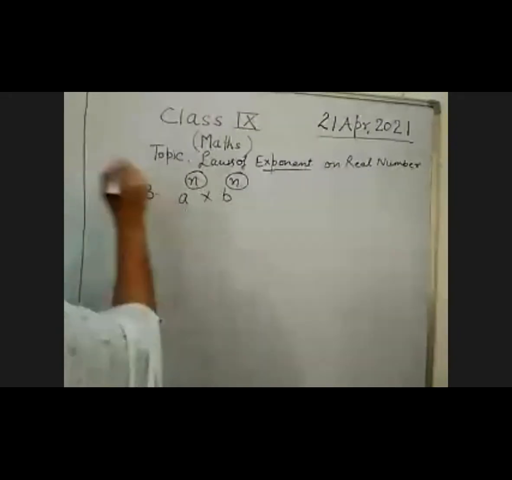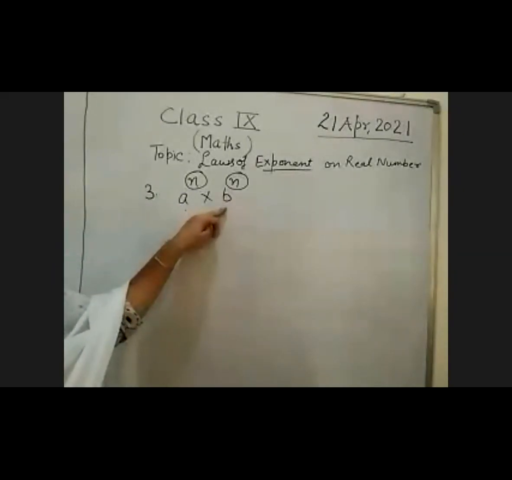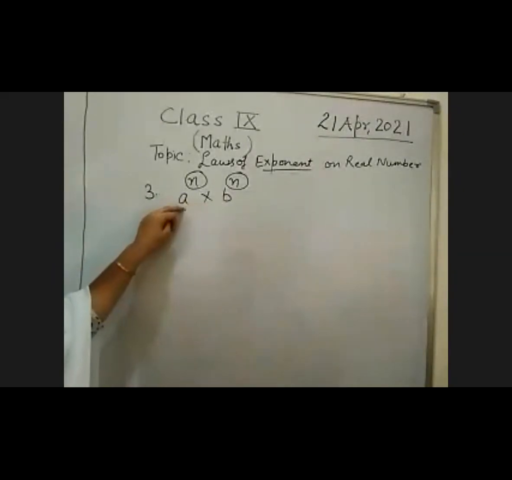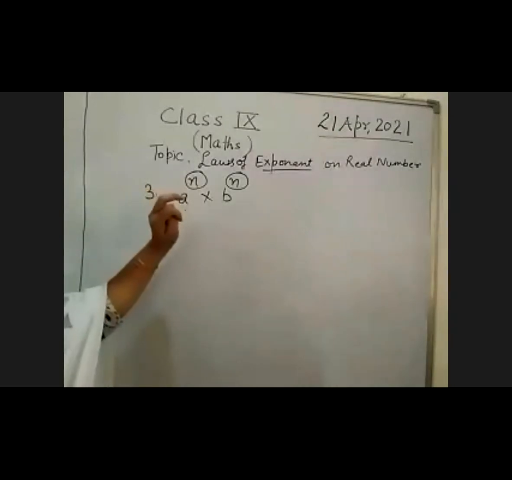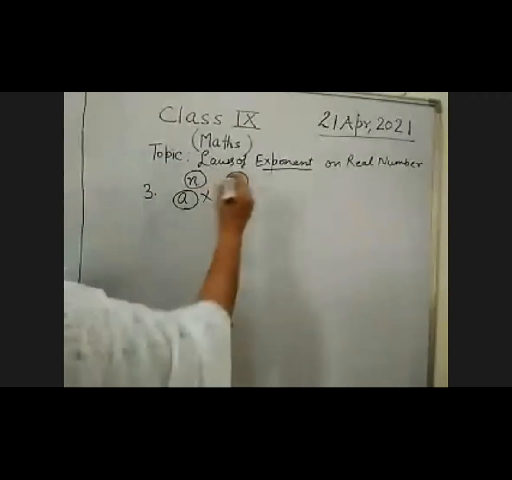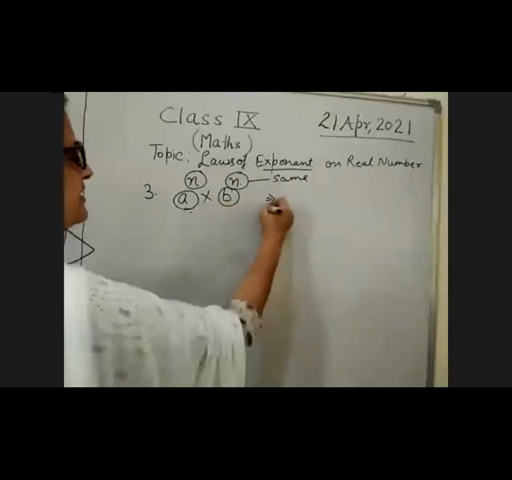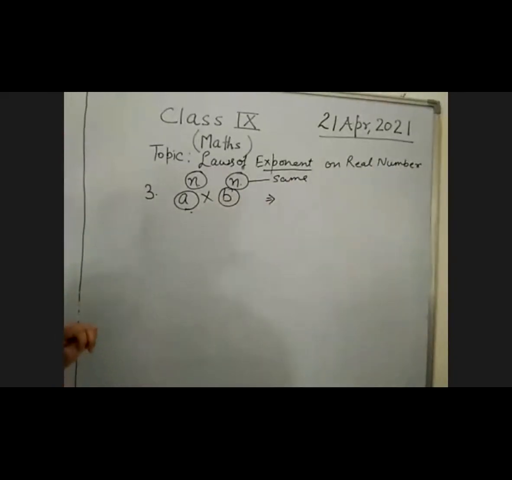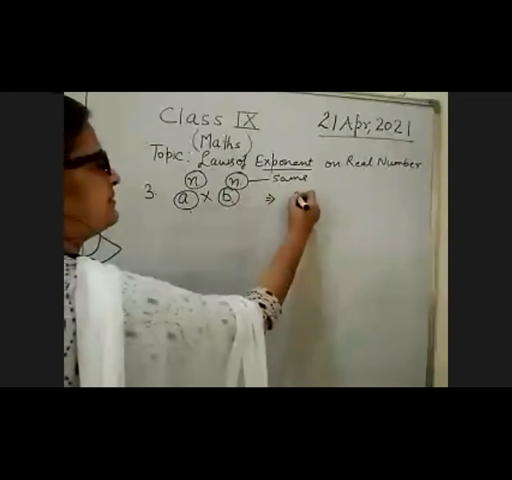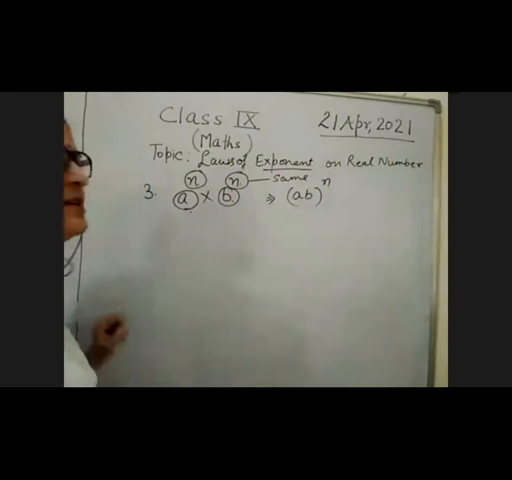Yes, your third law is when your base is different. Here, a raised to the power n multiply b raised to the power n. Your base is different and power is same. Then what rule applies here? Bases are multiplied together and the power remains the same.